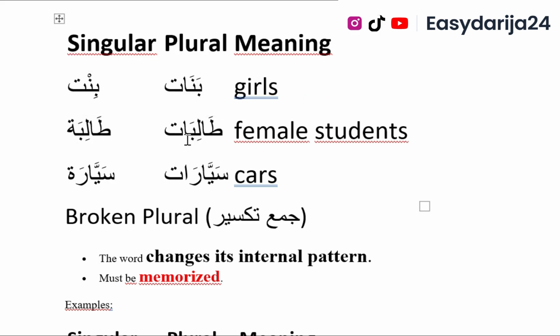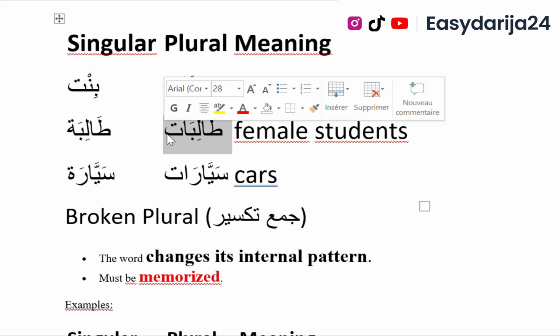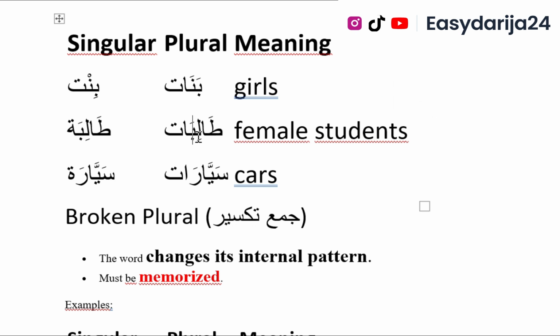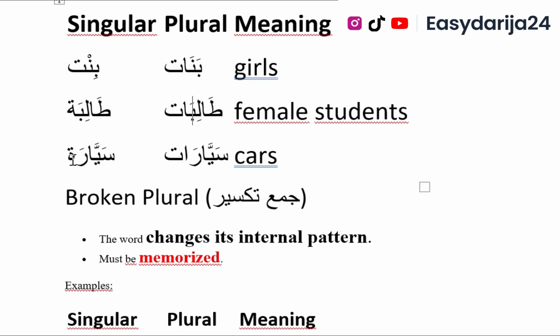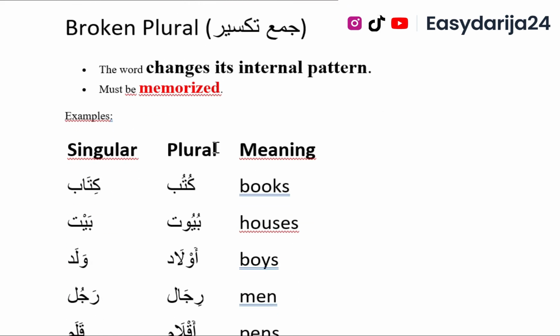So we change it to alif and ta, so it will be طالبات. سيارة, we have ta at the end. So this ta has to be changed to alif and ta. سيارة, سيارات. طالبة, طالبات.